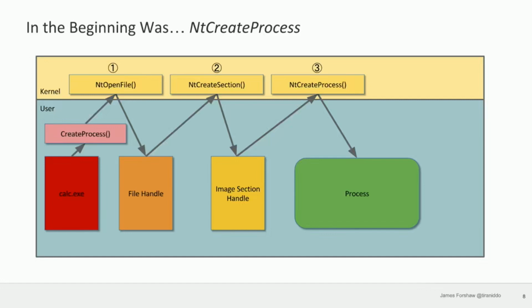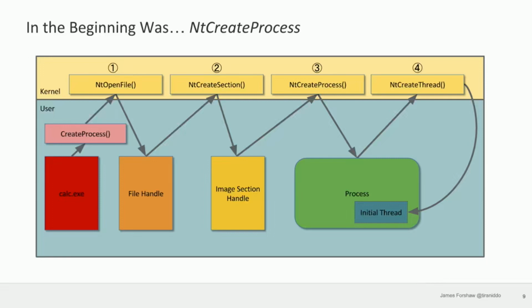Awesome, job done. We've got a running process, but we haven't. All we've got is a process. We still need to create a thread in that process, and finally, in theory, we should be able to execute code. So it's obviously a simple process of four or more steps to create a basic process.